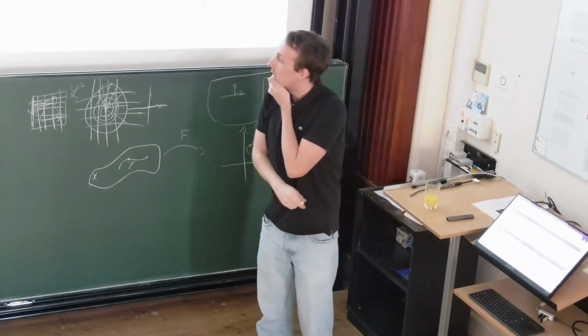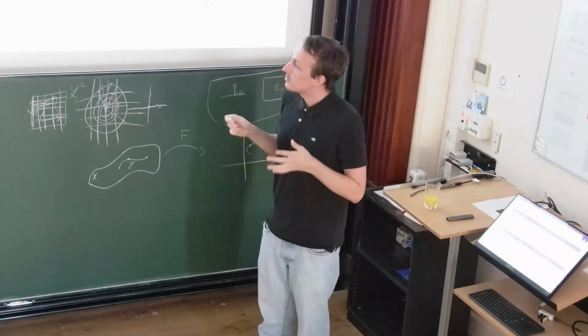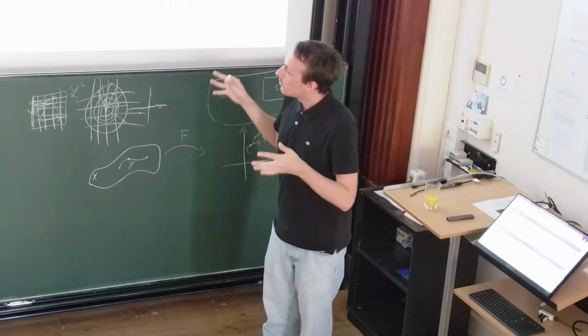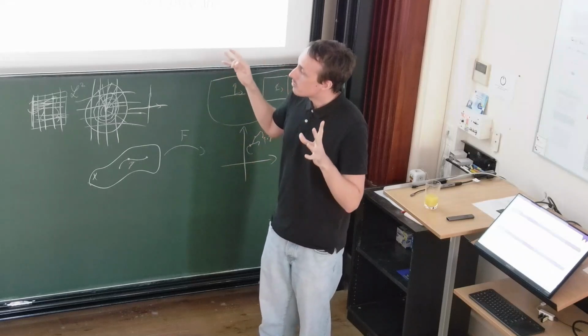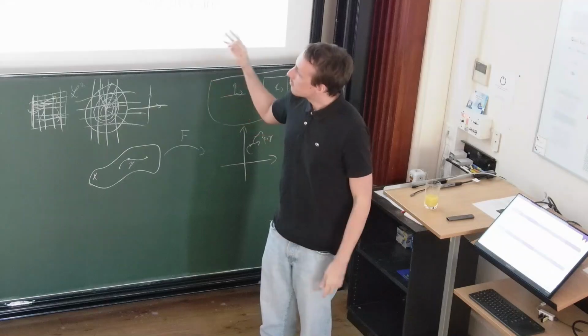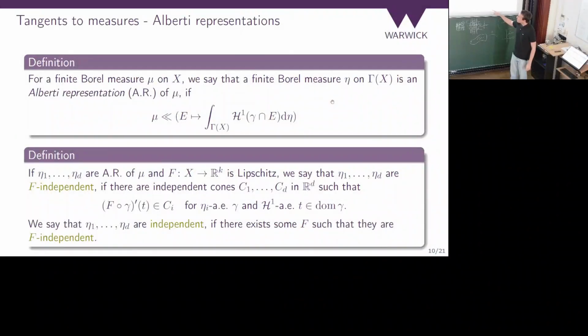If we have a multiple Alberti representation, eta1 up to eta d of mu, and now I'm going to work directly in a metric space, so I'm going to fix a map F from a metric space into Rk, which is Lipschitz. This map plays a similar role as in the previous definition. So we will say that these eta1 up to eta d are F-independent if I can find independent cones C1 up to Cd.